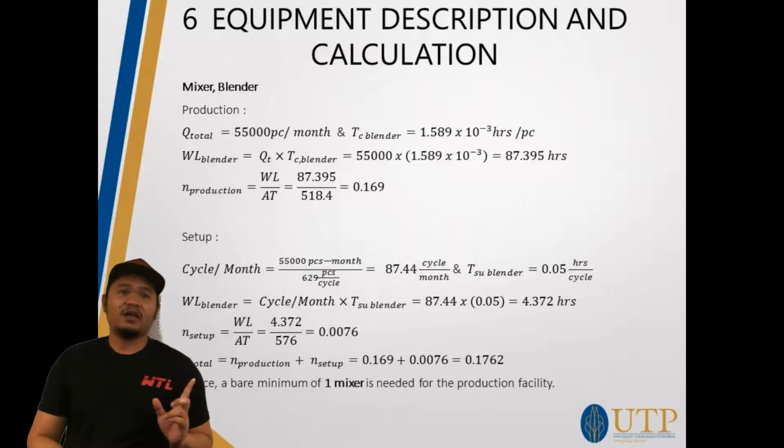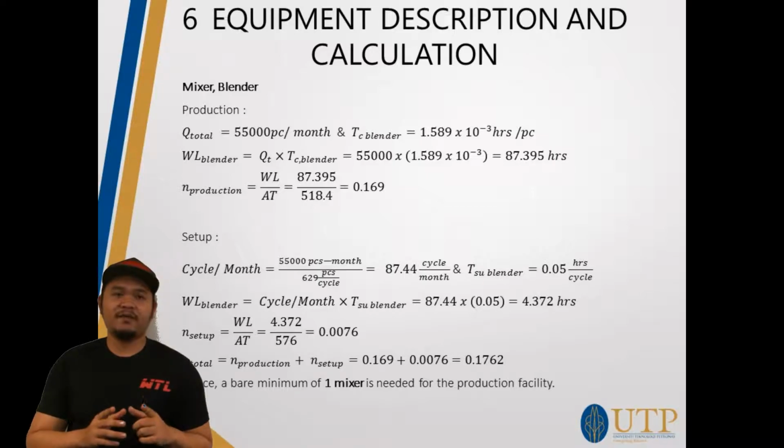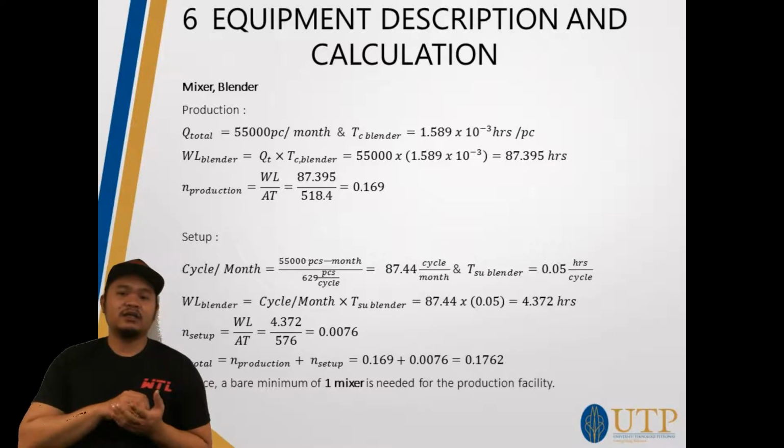So moving on, we're going to calculate how many mixer machines we are going to use. For the production, we choose a Q total of 55,000 pieces per month, because we choose 10% defective, so the input is 5,000. Before, we already calculated the cycle time, then we can get the WL, where the formula is Q total times the cycle time, and we can get 87.395 hours. Then we get how many machines we need.